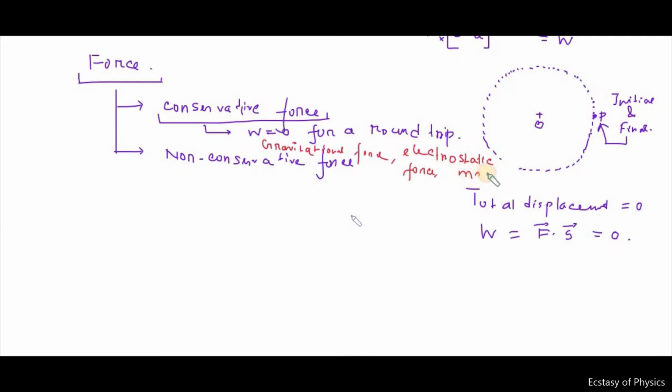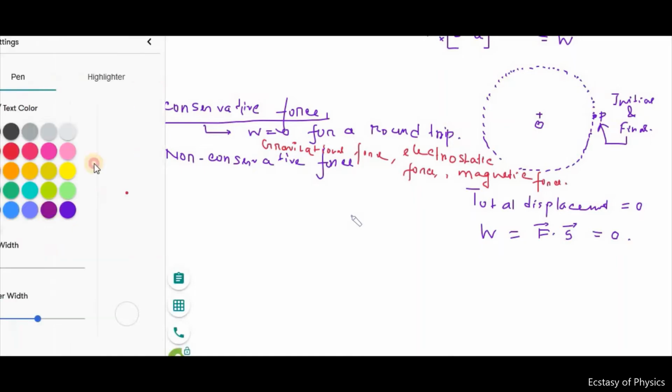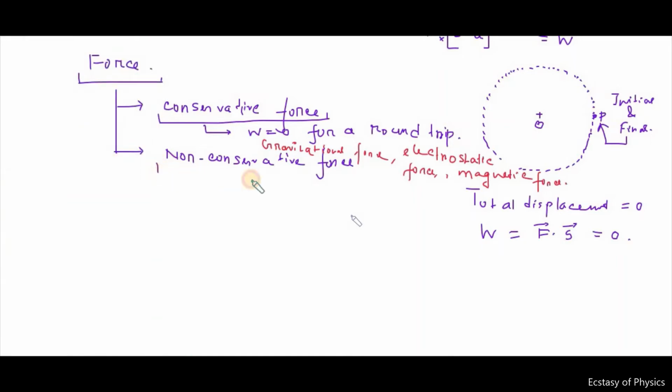All of these represent conservative forces. What about the non-conservative force? The non-conservative force is the opposite of that, which means the work done is not 0 for a round trip of the motion.